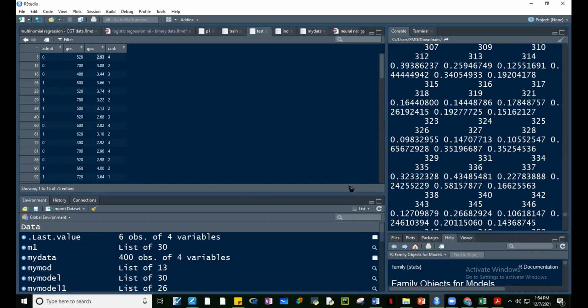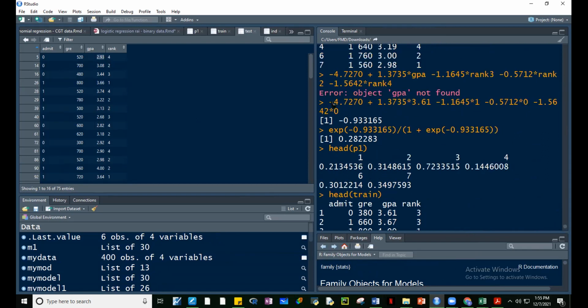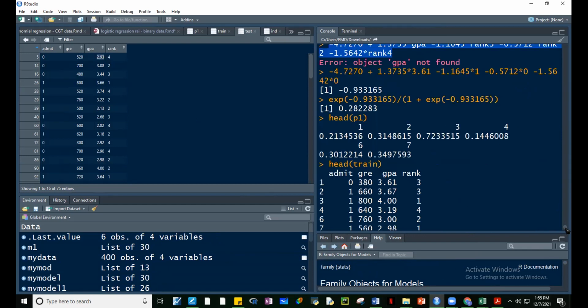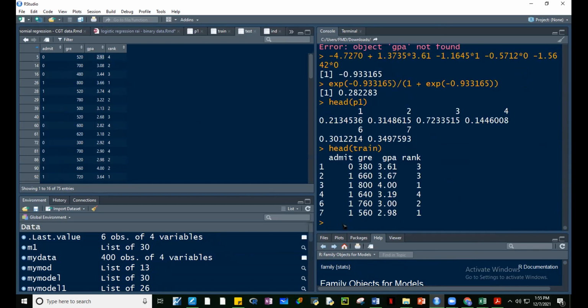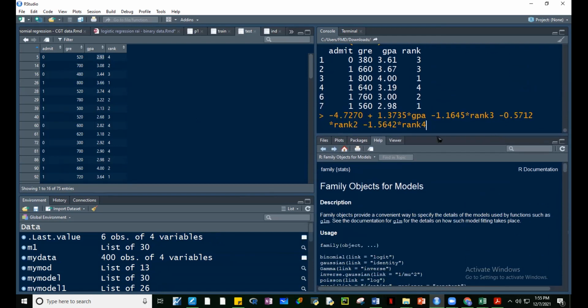Control C. Apologies, guys. Okay, so I have to copy this again. So this is our equation. Control C. The reason why, guys, mali yung output is that we replaced it with the train data, itong 3.61.